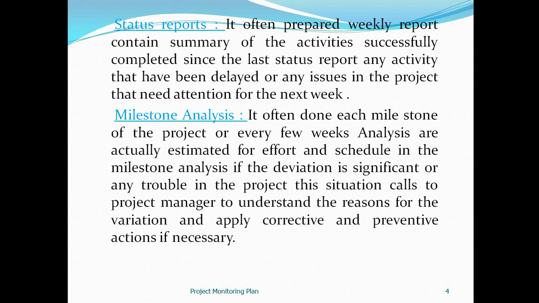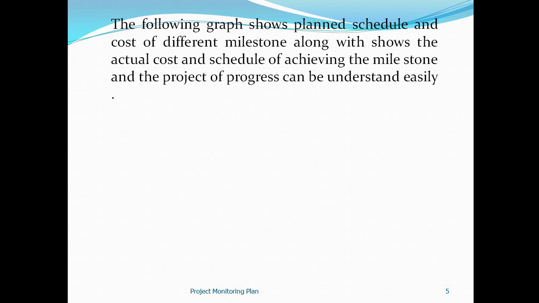If there is any difference or any trouble in the project, the project manager has to understand the reason for the variation and apply corrective and preventive actions if necessary.